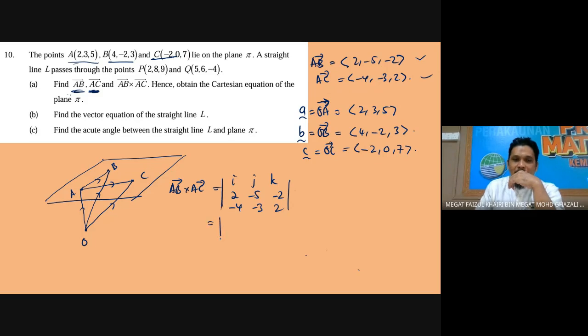The first one, find the determinant of i, minus the determinant of j, plus the determinant of k.